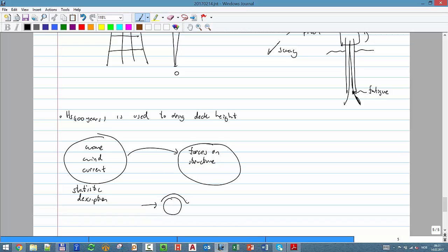You can calculate a certain force acting on the spar, a certain displacement pushing the spar to the side, and that will change with height. The wind has a similar behavior. The waves are like impact loads on the structure. So you calculate forces on the structure, and then you calculate displacements on the structure.